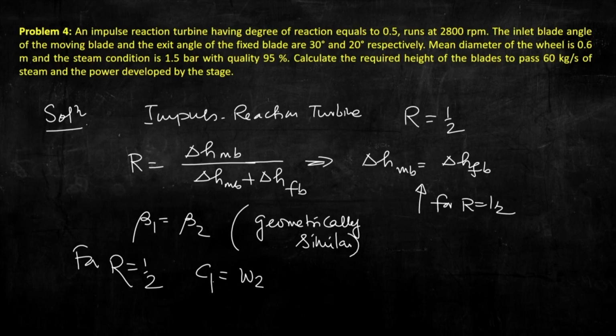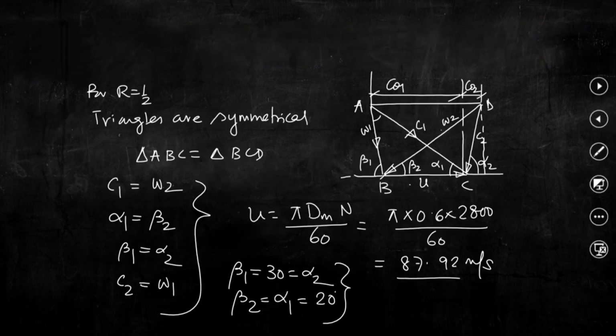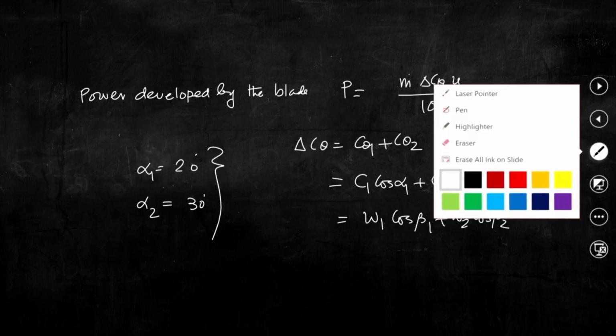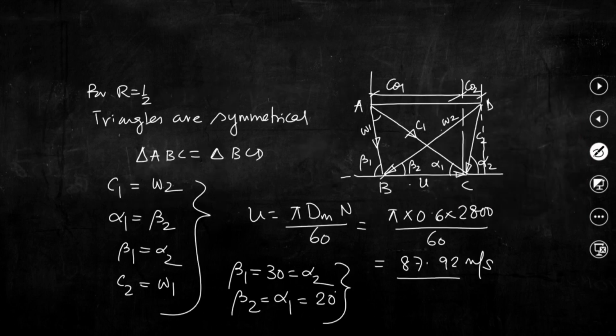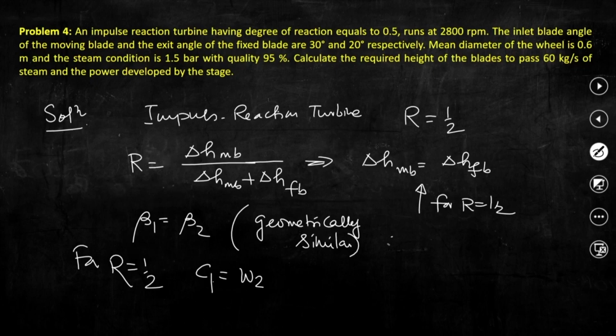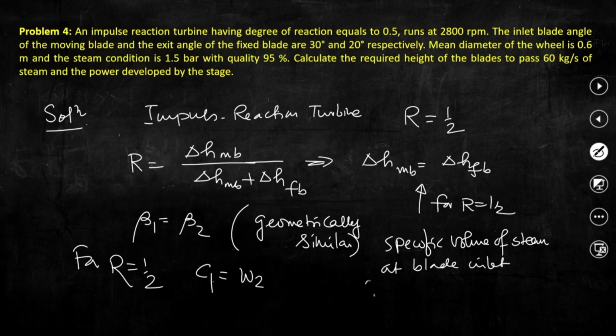So, I am writing here that specific volume of steam at blade inlet, V equal to Vf plus x Vfg, right.